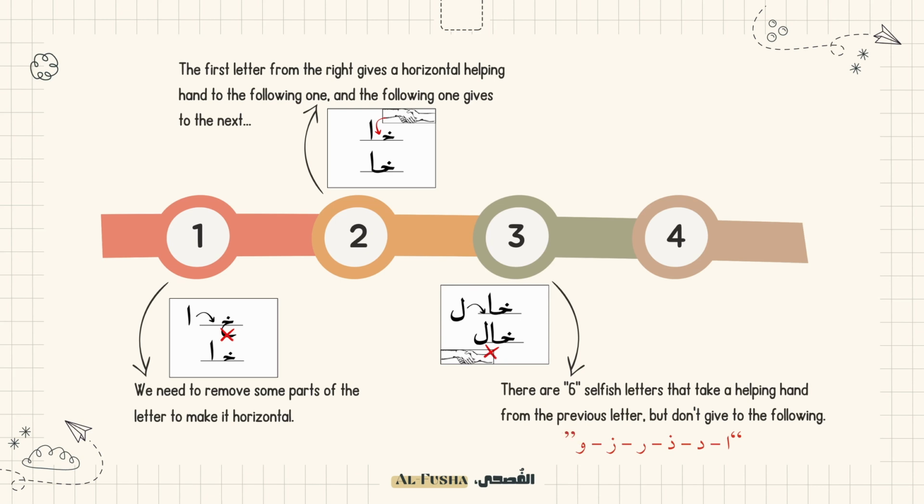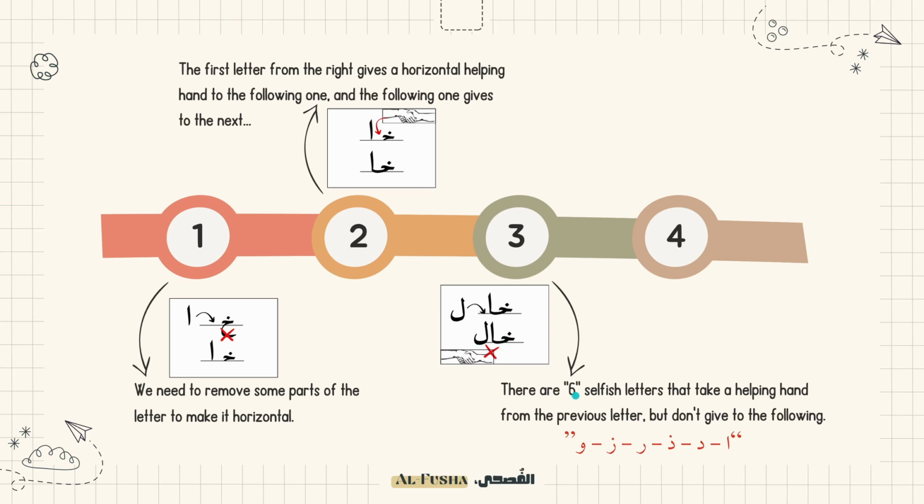Now we have 6 selfish letters that don't give a helping hand. They take a helping hand from the previous letter. For example, Alif here takes a helping hand from Kha, from the previous one, but doesn't give to the following one, doesn't give to Lam.